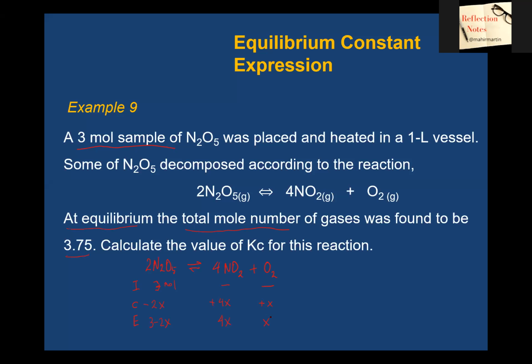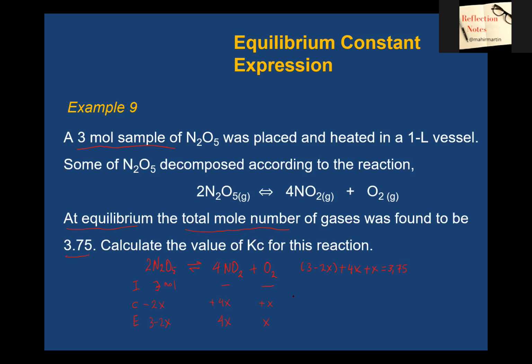So when I add all of them at equilibrium, it is 3.75. So it must be like this: 3 minus 2x plus 4x plus x is equal to 3.75, isn't it?